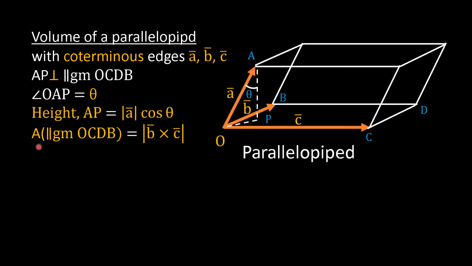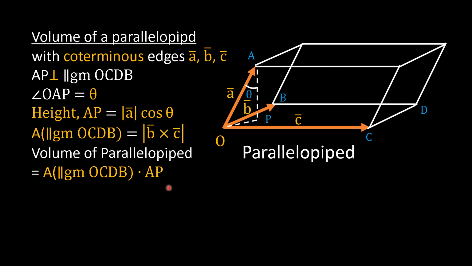We have learned that area of parallelogram OCDB equals mod b bar cross c bar. Volume of parallelepiped is given as area of parallelogram OCDB, which is the area of the base parallelogram, multiplied by height of the parallelepiped AP.